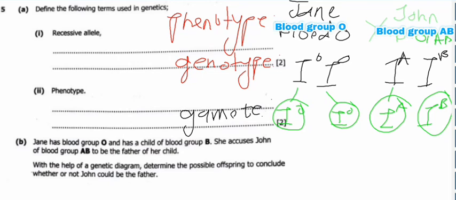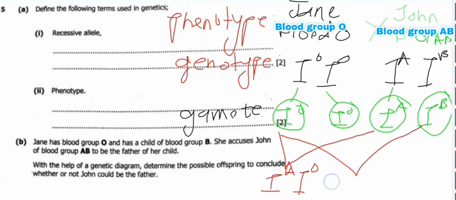Then what follows next is random assortment or random fertilization, where this one is going to be crossed with this one here. Therefore, we are going to have blood group A, which is heterozygous dominant. The next one is blood group B, also heterozygous dominant.